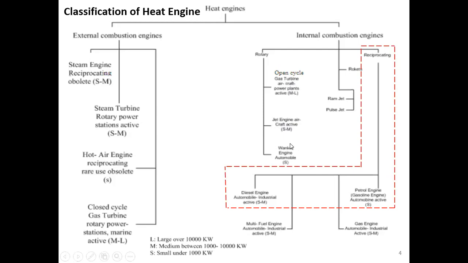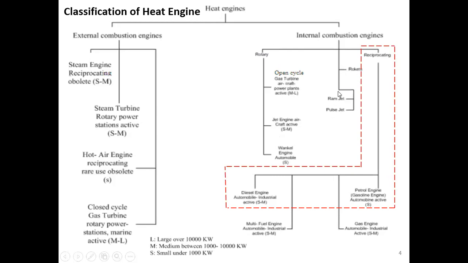We have the Wankel engine. This is another displacement-type engine, but it does not use a cylinder and piston. It uses a rotor, so it is put into the rotary engine category.